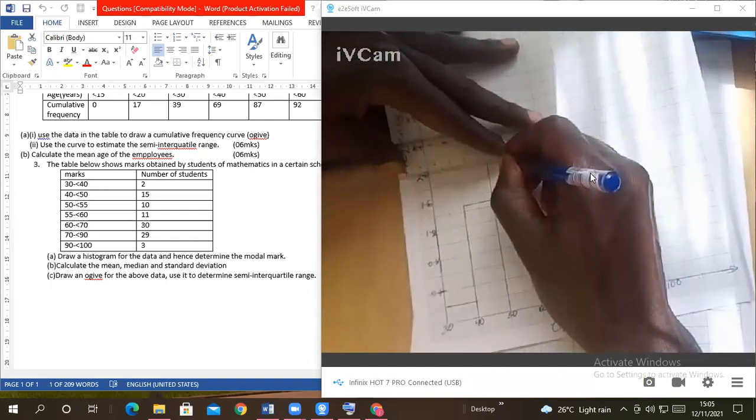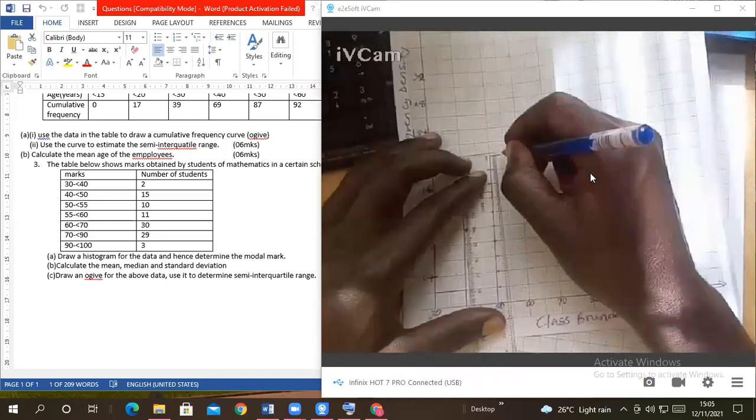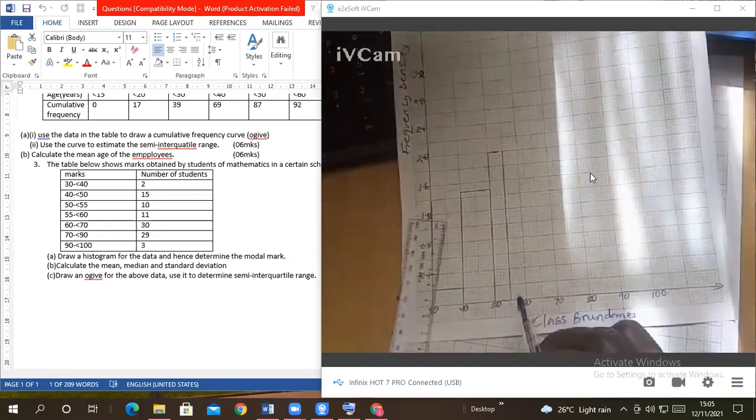And this time, instead of having all the 10 small squares, I'm going to have 5. There we are. 55 is right here. This is 60, this is 55. Members, have you seen?